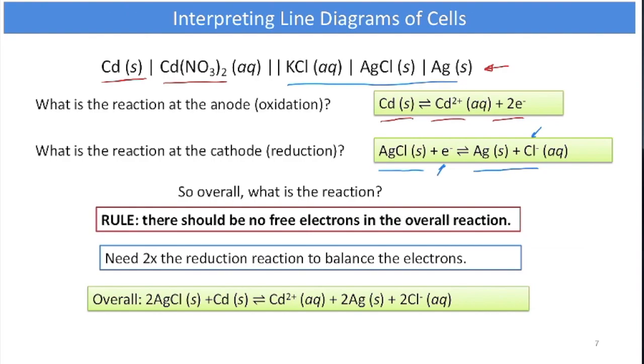So we have to double the cathode reaction. We want to have 2 silver chlorides, 2 electrons, 2 silver solids, and 2 chlorides. Then we can cancel out the electrons, because we have 2 electrons on the reactant side and 2 electrons on the product side. They cancel each other out, and now we can simply add the reactions together to get the overall reaction, which is shown on the bottom here.